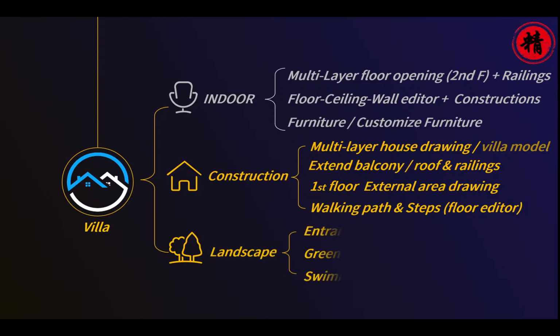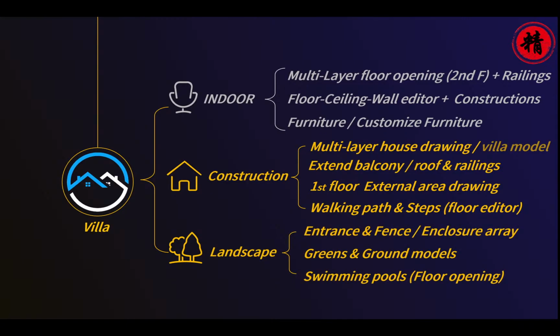And then the landscape. For example, we still need to handle the entrance of the garden and the entire area. And also don't forget to bring in the fence or the enclosure walls by using the array. Then we can use the greens and ground models to directly place them.